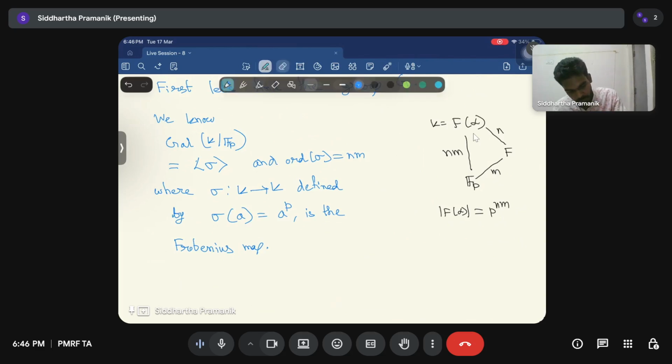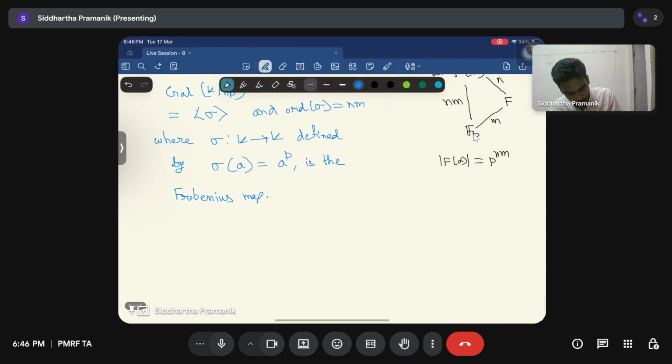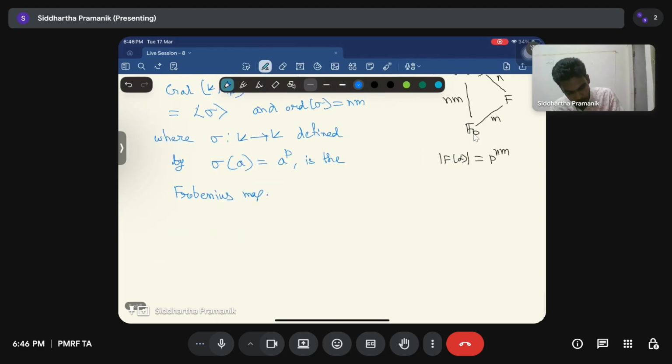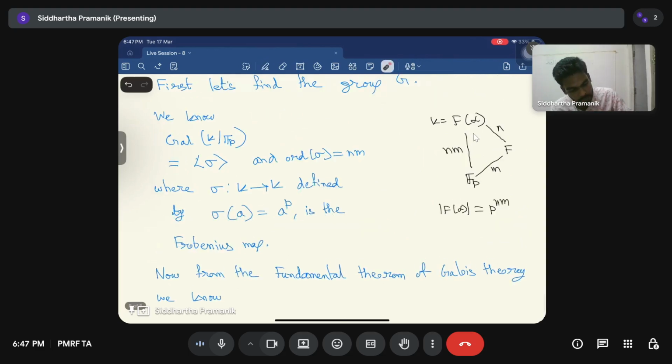So from the fundamental theorem of Galois theory we know, this extension will be Galois if and only if this Galois group is normal.